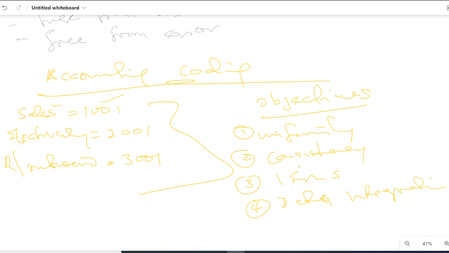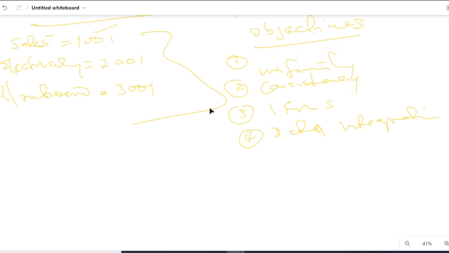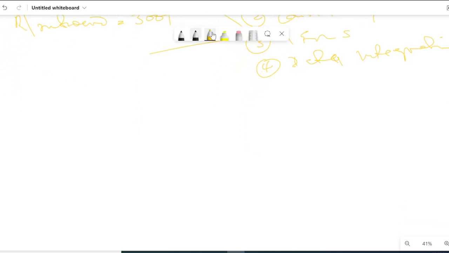So these are some of the objectives of accounting coding. And now we are going to look at the types of accounts.